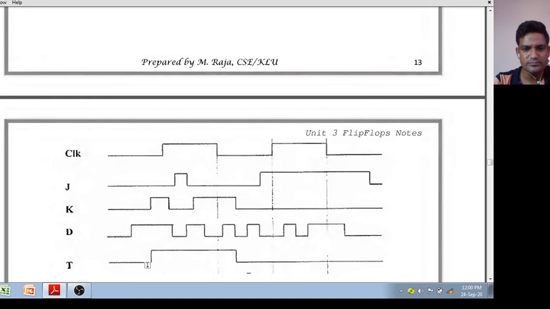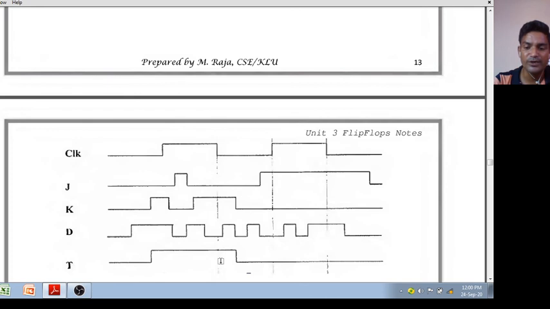Suppose again I use negative edge triggering. In negative edge triggering, from here till here value of Q will be 0, here to here value will be 0. Now check at this negative edge. What is the value? 1. So it is toggle condition. 0 complement 1.